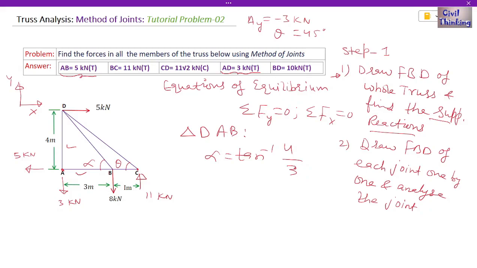Tan inverse of 4 divided by 3, okay? This is 53 degrees, okay? It is 53.13, so I will write more accurately 53.13 degrees, okay? So the value of alpha is 53.13 degrees, okay? So we got the value of alpha and theta, so let us erase all of this.